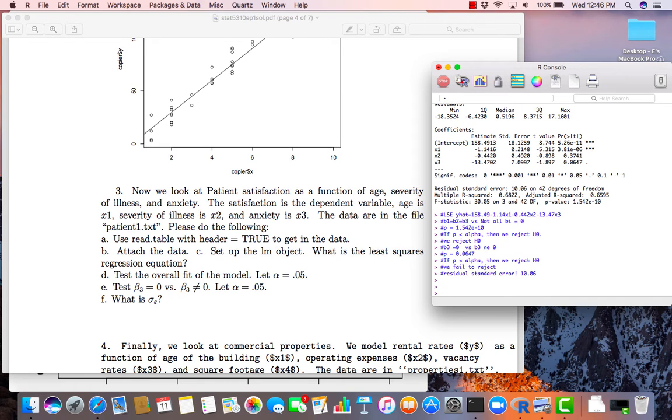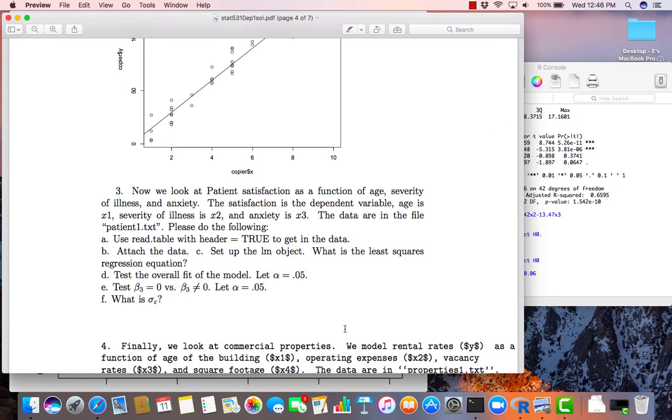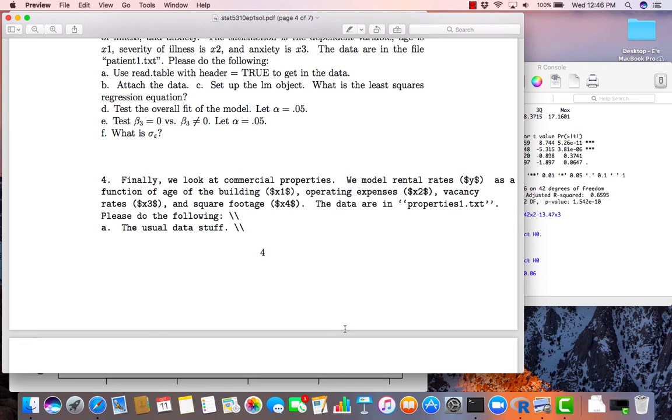Now let's take a look at question 4. So we take a look at commercial properties. We want to look at rental rates as our Y, as a function of age of the building, operating expenses, vacancy rates, and square footage.